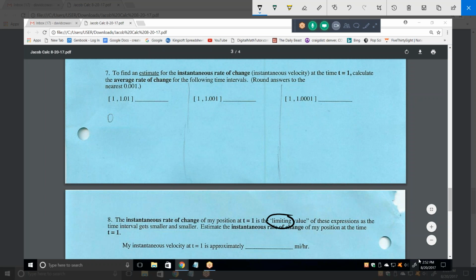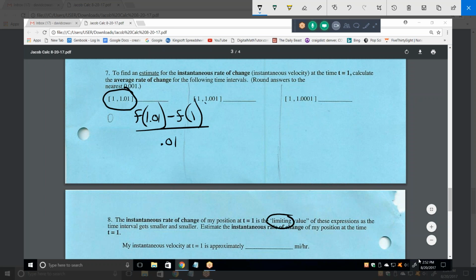Okay? But if I wanted to calculate the average rate of change from 1 to 1.01, it would be what? f of what? f of 1.01 minus f of 1, over 1.01 minus 1, just 0.01.